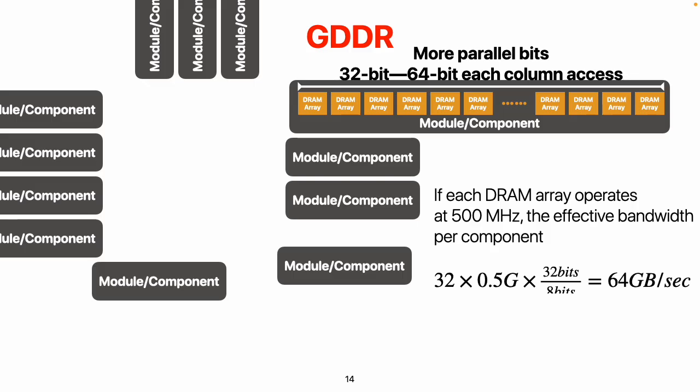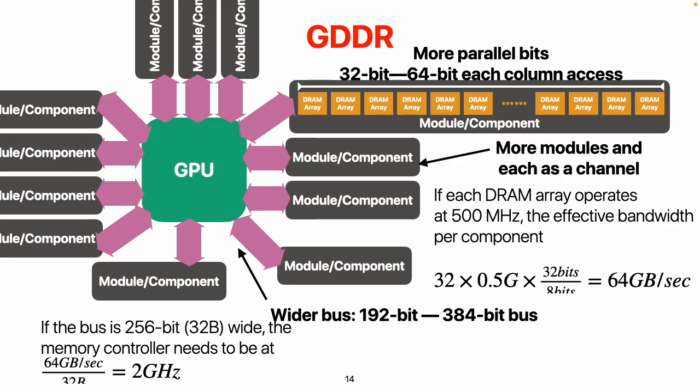However, if it's in the same channel but a different bank, you can only issue one command to this channel, and you can only control another bank within the channel in a different cycle. So that's the difference, right? So GDDR here maximizes the bandwidth using the concept of channels. So that means I can actually have multiple channels being controlled at the same time.